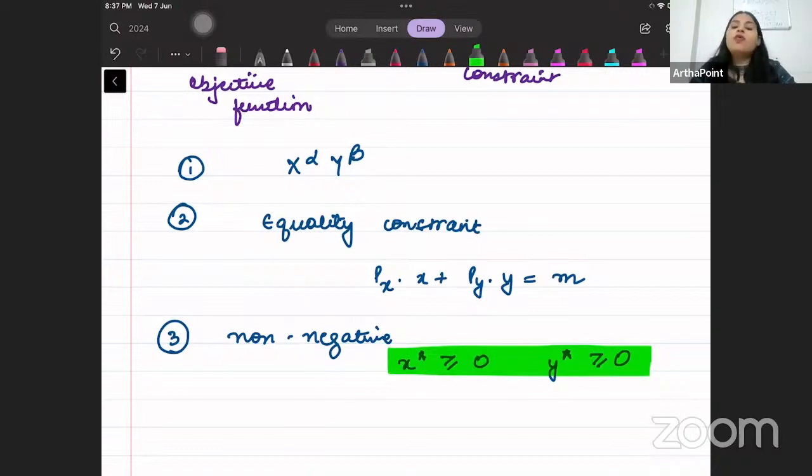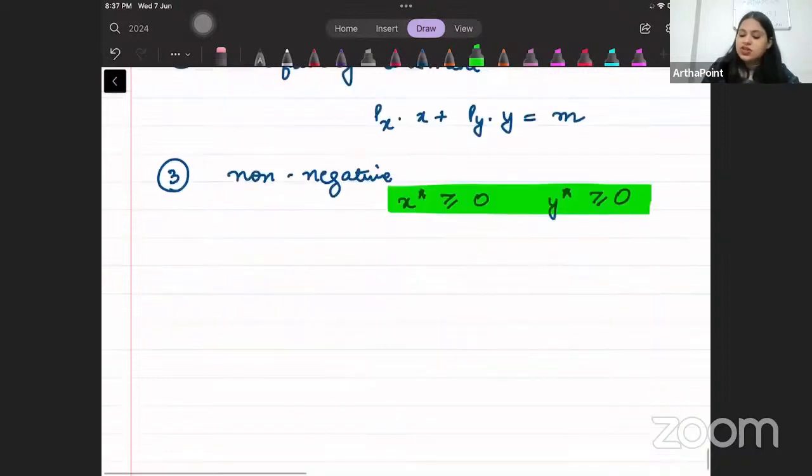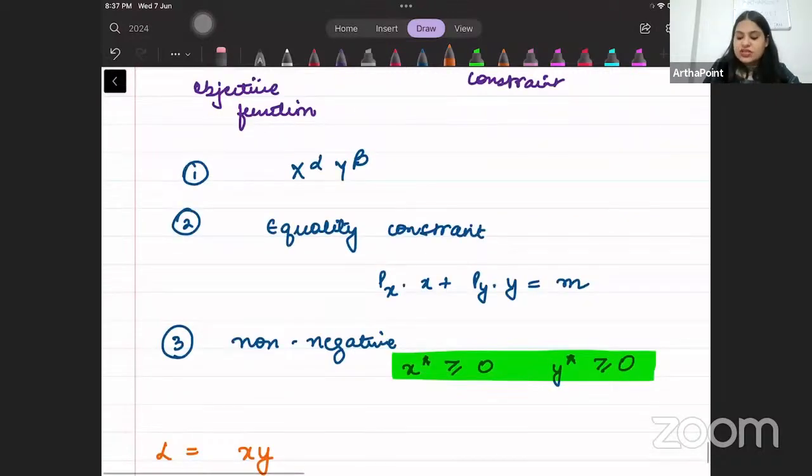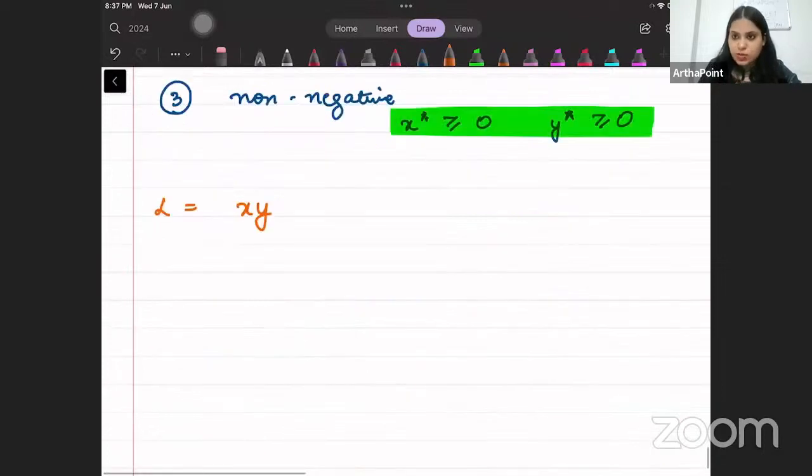So how do I formulate a Lagrange? In order to formulate a Lagrange, I will write the function that I want to maximize, which in this case was utility function xy. I will go ahead and put a Lagrange multiplier. And here I will write my constraint.